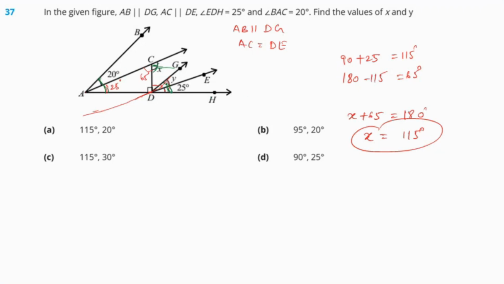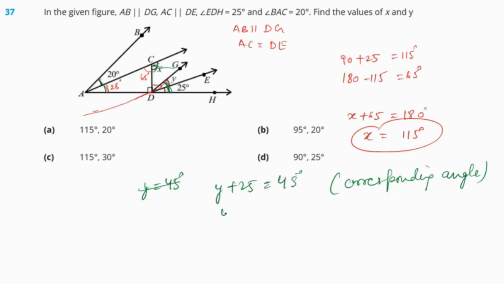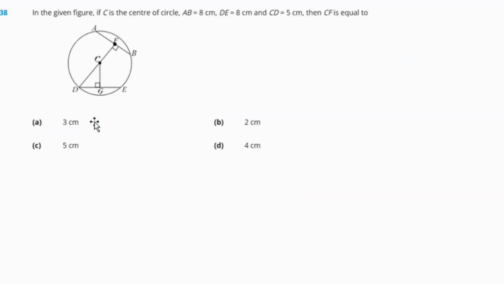So Y plus 25 should equal 45 degrees because of the corresponding angle. So the value of Y is 45 minus 25, which is 20 degrees. So option A is the correct answer for this.